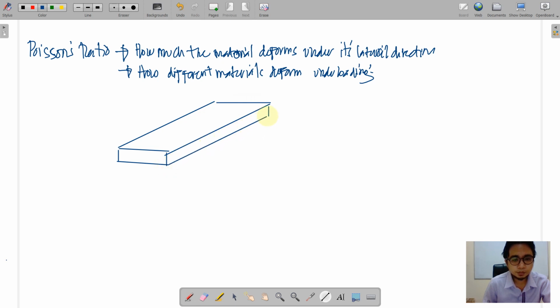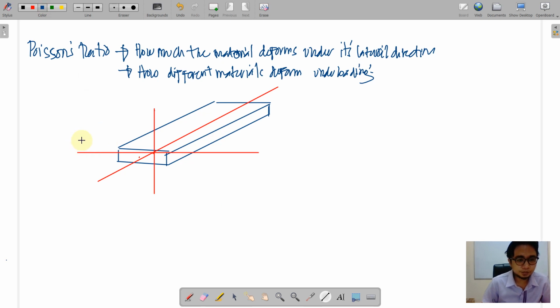So actually, there will be three-dimensional directions here. Say we have this direction along this line, along this line, and along the vertical line. So there will be three axes actually.